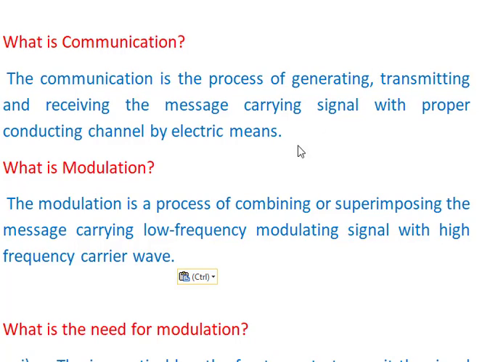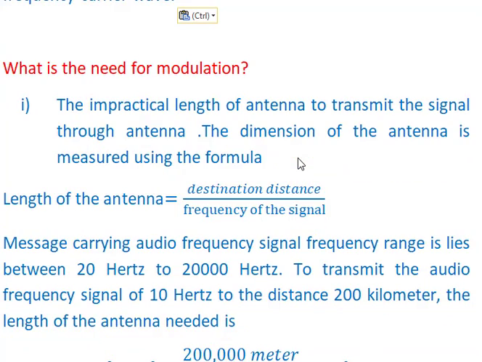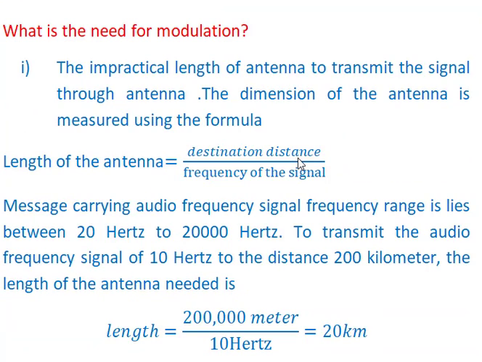Okay. Then what is the need for modulation? Why do we need modulation? To transmit a signal. The signal means the voice or any other data generated by us in the form of a wave. That is the sound energy converted into electrical energy.